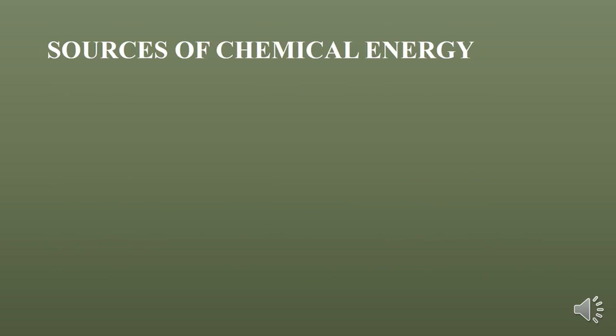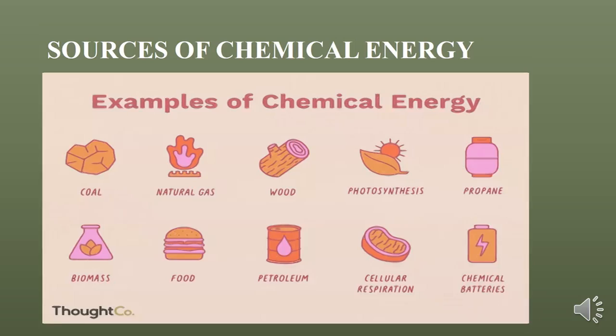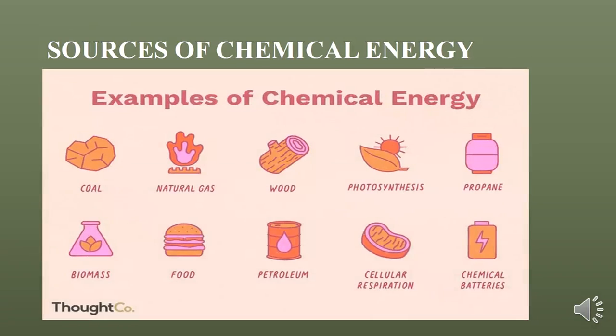The images that would appear on our screen indicate some examples of sources of chemical energy. You have coal, we have natural gas, we have wood, we have photosynthesis.